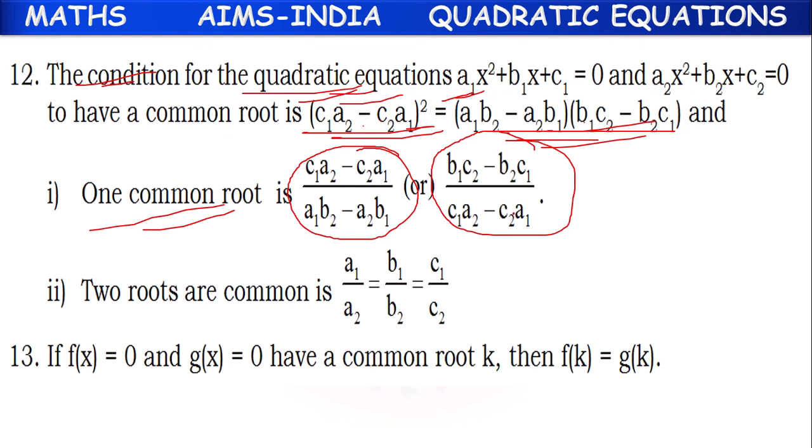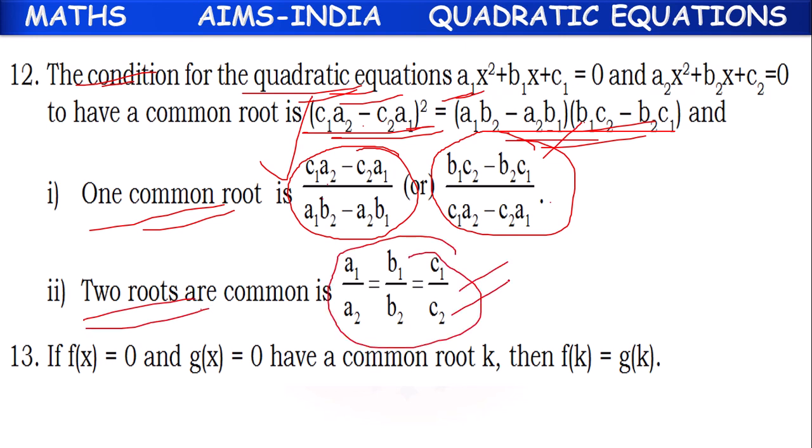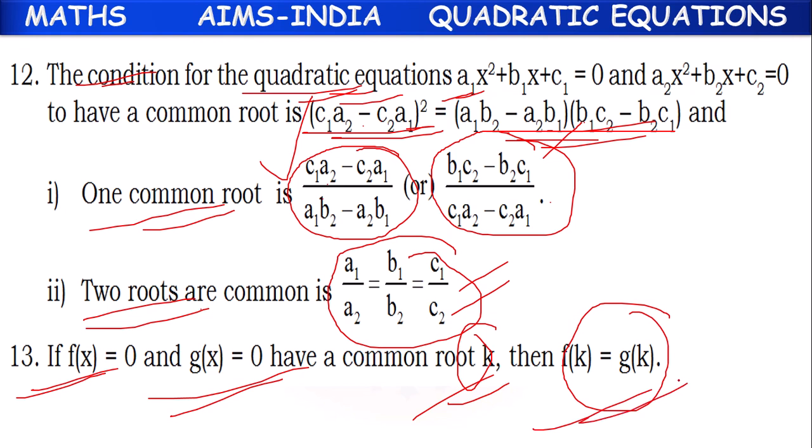Both will become equal. If two roots are common, then they have to follow this condition. Or if f of x equals 0 and g of x equals 0 have a common root k, then f of k will equal g of k.